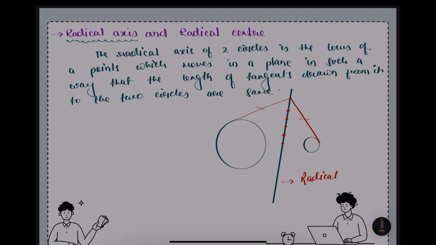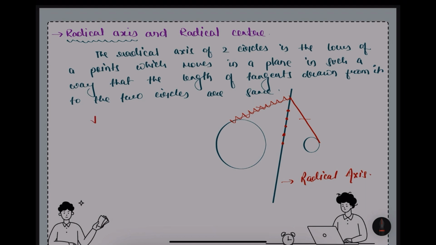Radical axis. Okay, so how we will get the equation of radical axis? Try to understand. Don't you think that we have covered what? Sir, we have compared length of tangent. Acha, how we used to find length of tangent, do you remember?